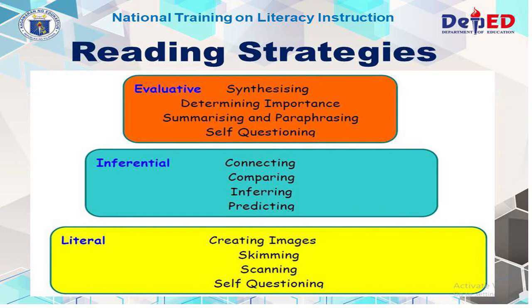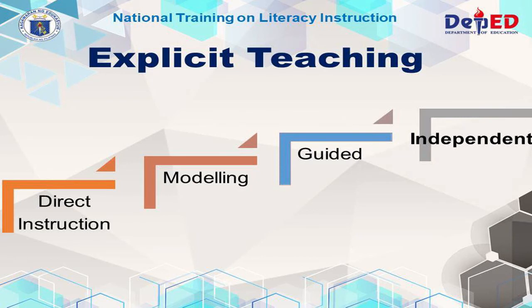Okay? Remember, good readers use comprehension strategies in understanding the text. And so we must explicitly teach them these strategies. And when we say explicit teaching, you know this model already. We start from direct instruction, modeling, guided, and independent. Now, I found a more complicated, complex diagram of gradual release of responsibility.